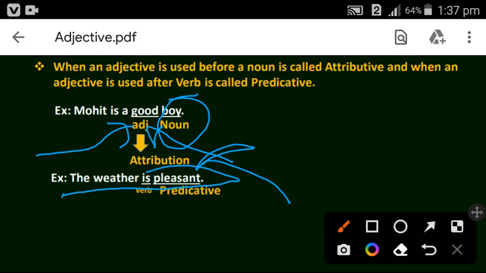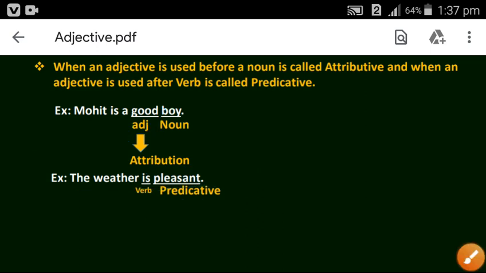Here what is the verb? Is. And after the word is, what is written here? Pleasant. Then pleasant is considered a predicative adjective. And that's all. Nothing more.